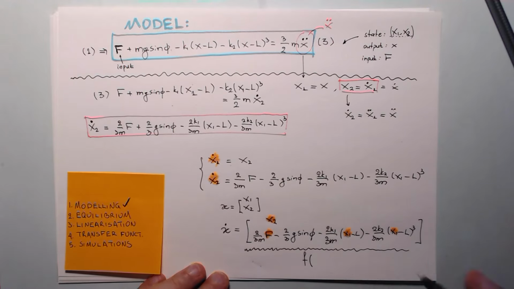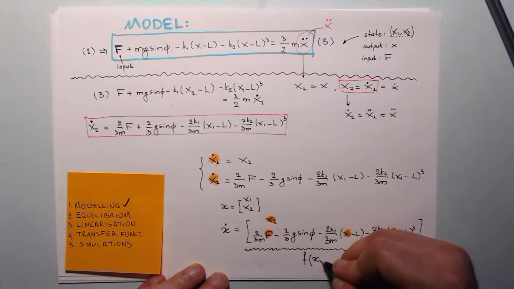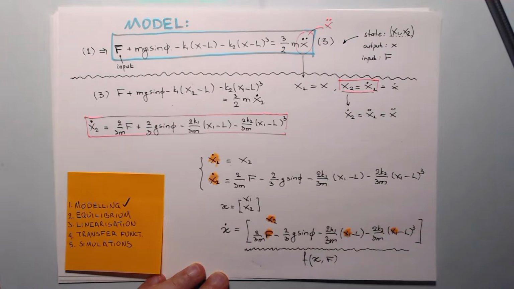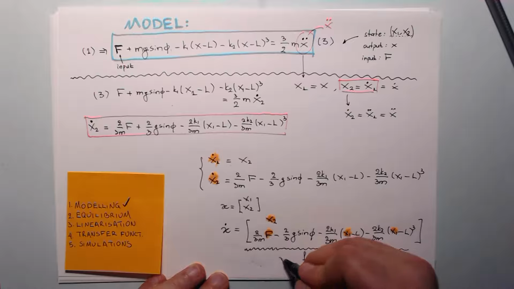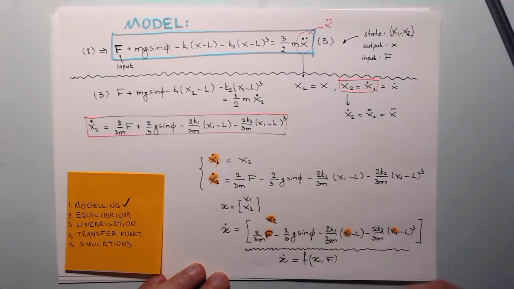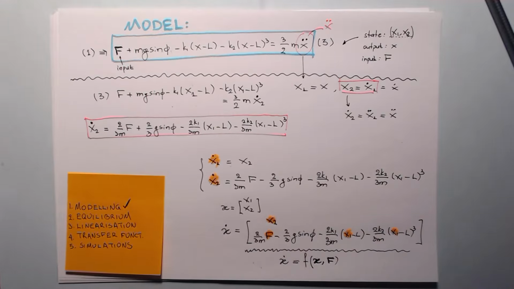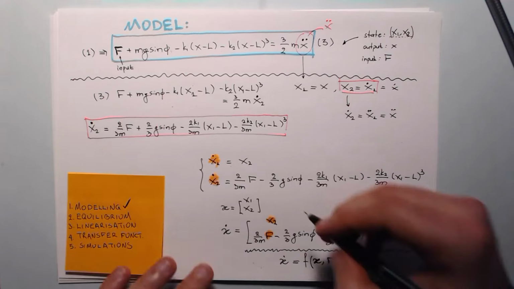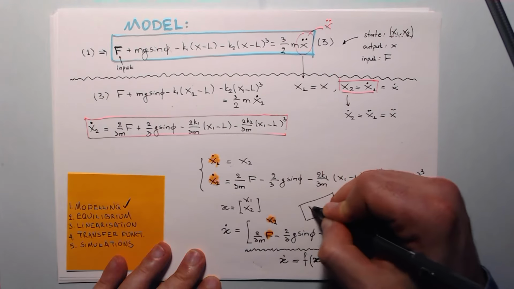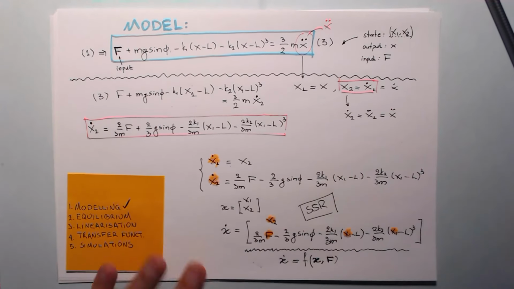So it's the same to say that this is a function of x and f. And very compactly, x dot is a function of x itself and the input signal f. So once again, this is the state space representation of the system.